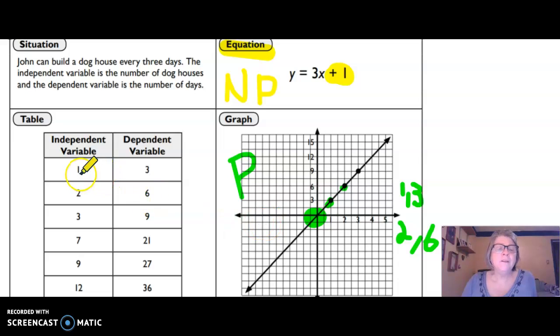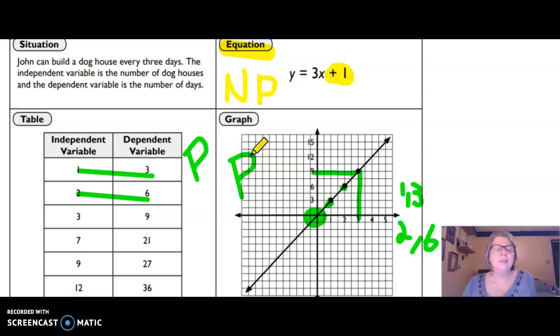Now look over here, and I see that on this table, 1 is paired with 3, and 2 is paired with 6. 3 is paired with 9, so I go over to 3, look up here, and oh, look at that. 3 is also paired with 9. So these two are a match, which makes this one proportional.